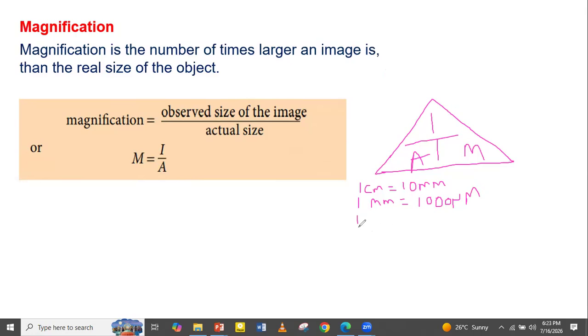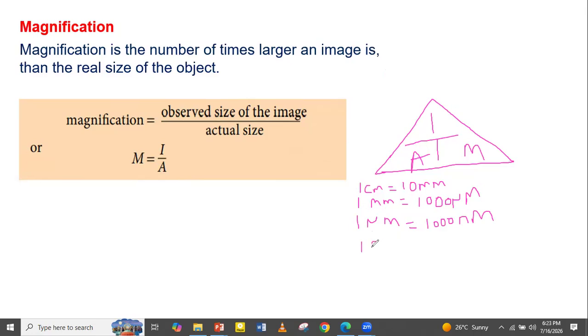At the same time, 1 micrometer contains 1,000 nanometers. Then you would want to maybe change directly from centimeters to micrometers.